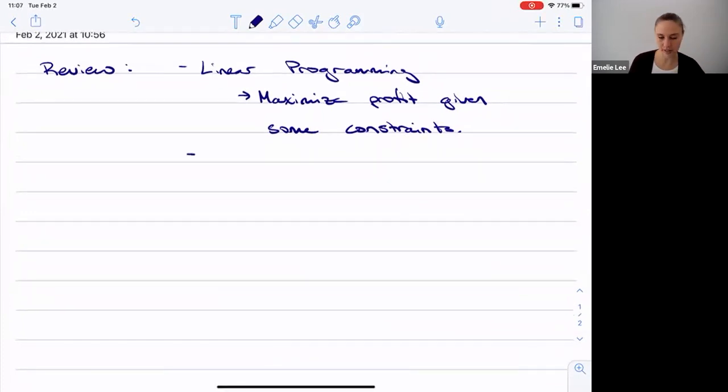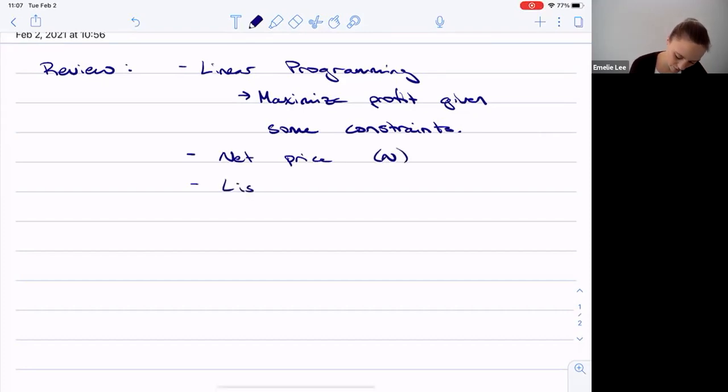And we introduced some formula sheet stuff, right? We talked about the net price, which we denote by N. We talked about the list price, which we use L, right? Just remember that this is the suggested retail price.